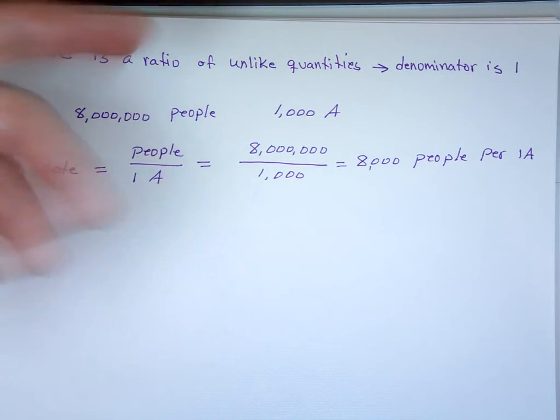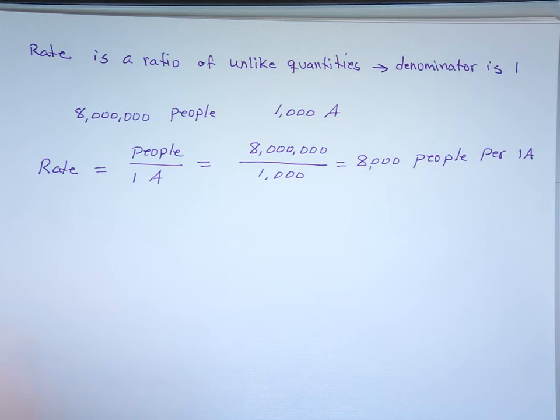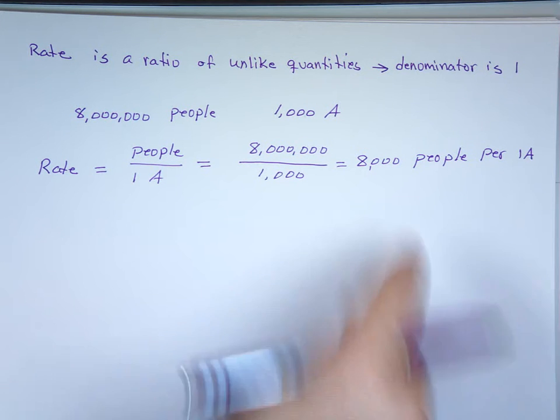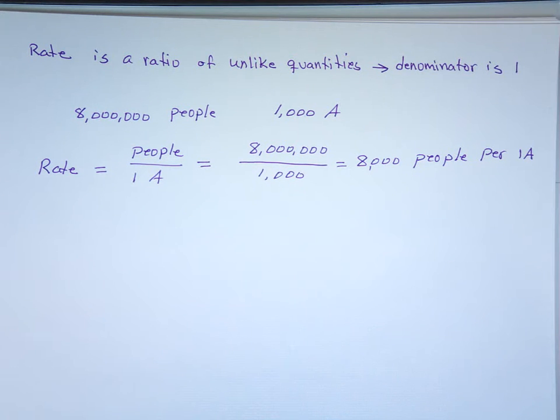An acre is usually about 300 feet by 300 feet. It's not a 5,280. So you take an area, the length of a football field, the width of a football field, you have 8,000 people living in it in New York City. That's how dense it is. A little bit bigger than a football field.